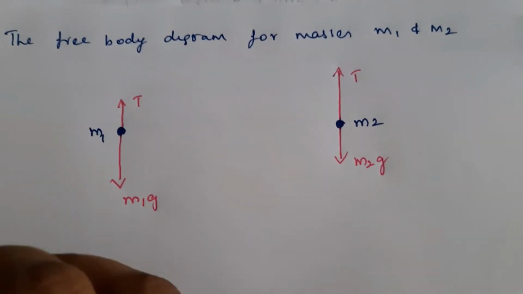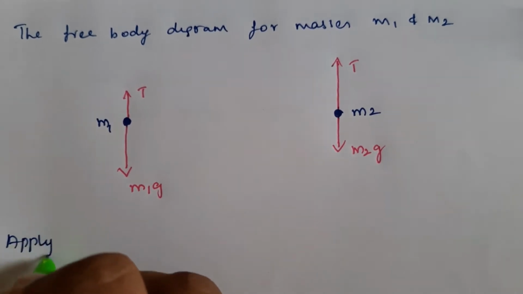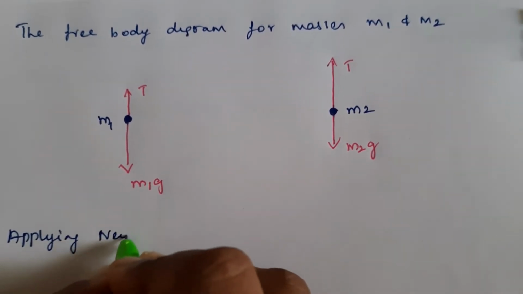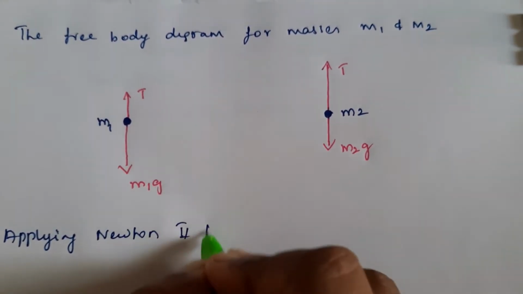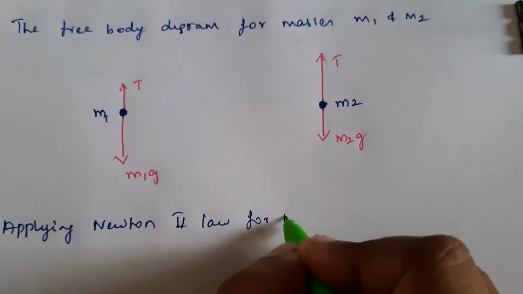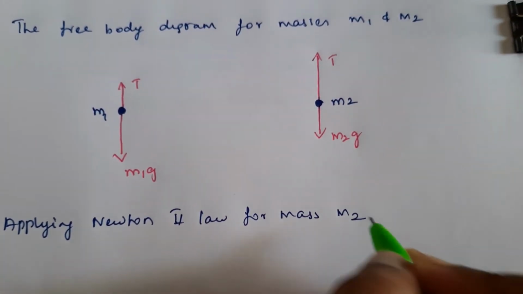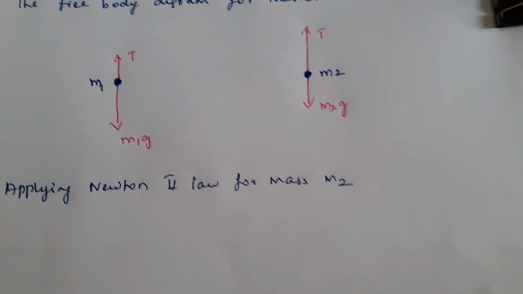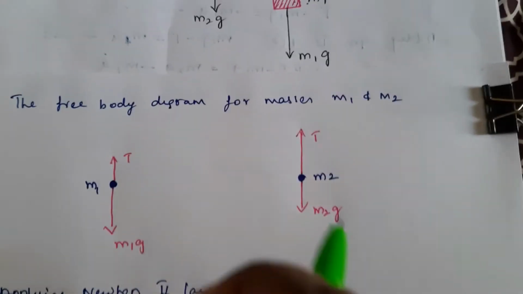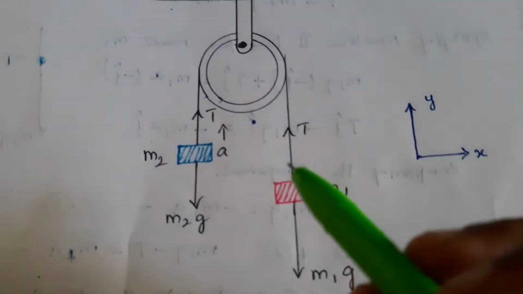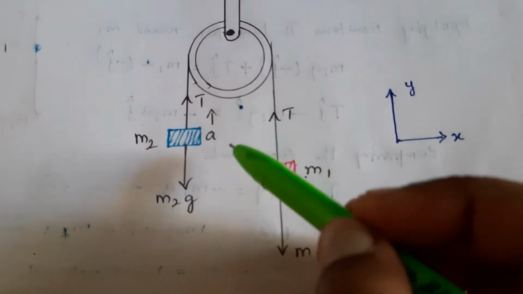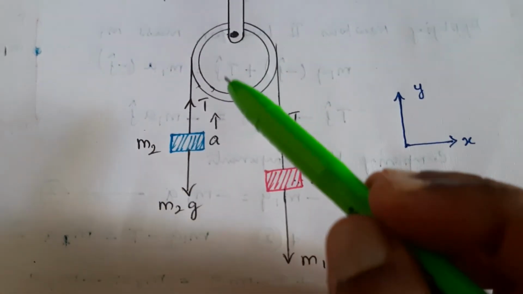Now applying Newton's second law for mass m2. The acceleration of the body is in the upward direction, that is the positive y-axis.